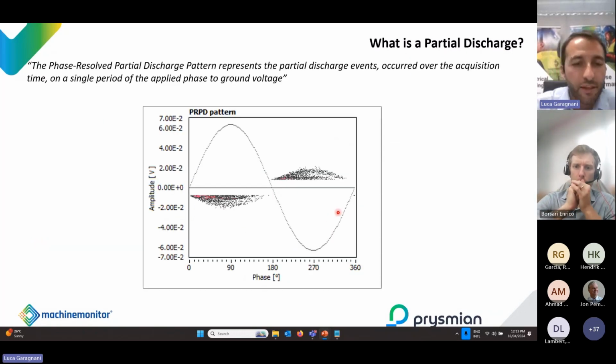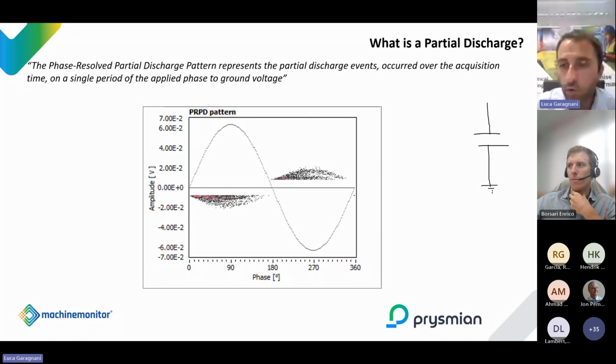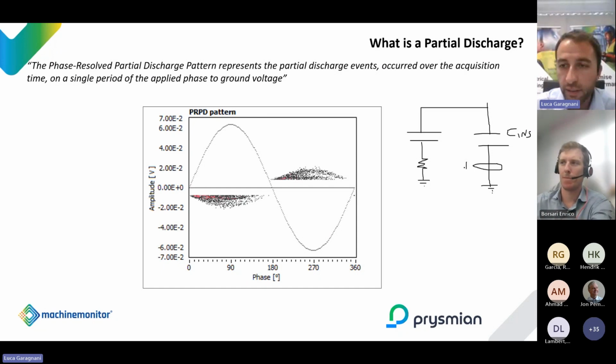That is determined by the sensor you use, and everything comes down to the measurement circuit we are using. So if this is your insulation system, which could be the cable or the rotating machine insulation, which we can call C insulation, when we measure the discharge, we can either use a divider connected in parallel, like a capacitive divider for a rotating machine application, for example, or we can use a current transformer, CT.